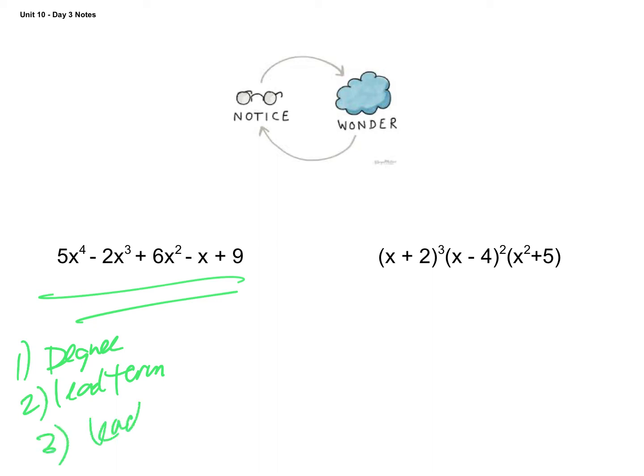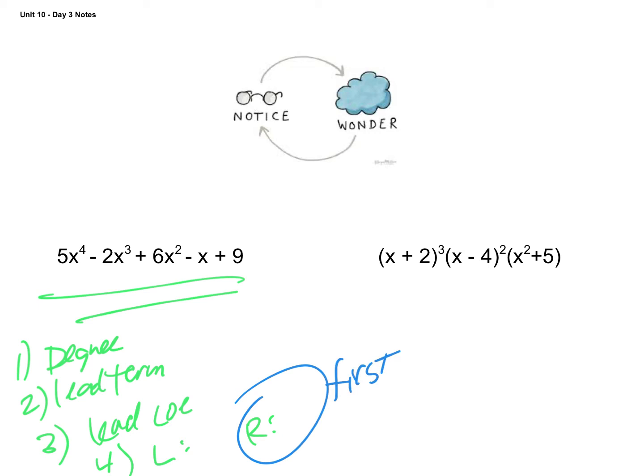Lead coefficient, and the left end and the right end. Always do the right end first. This one first. Everybody try this. 4 questions. What's the degree? What's the lead? What's the lead coefficient? What's the left? What's the right? But always do the right first.